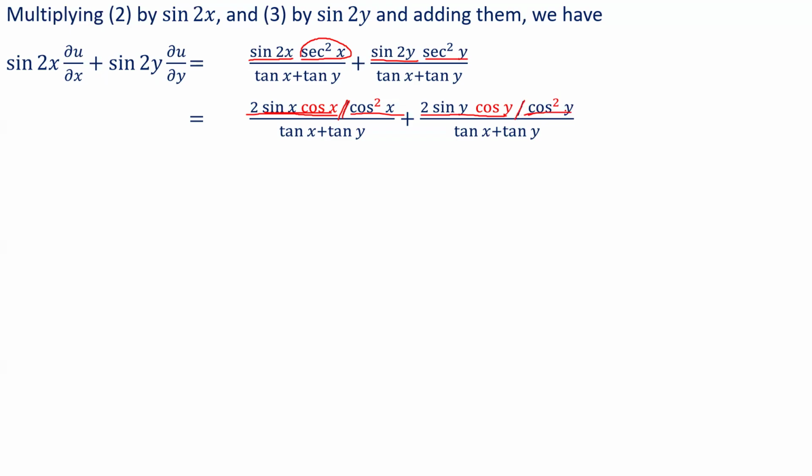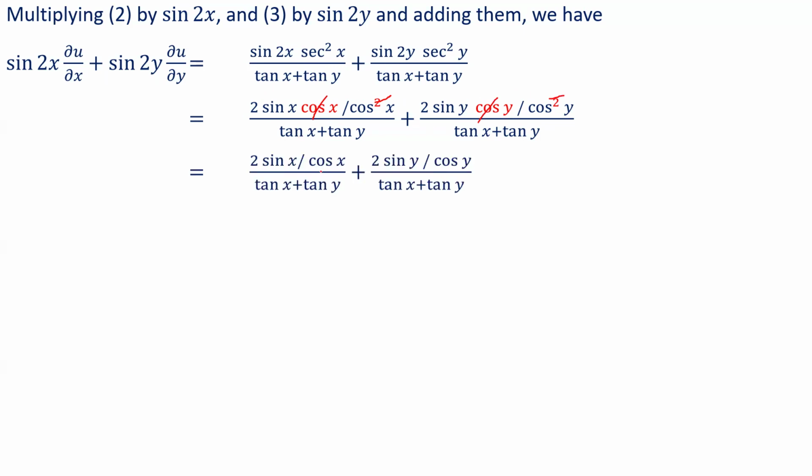So one cos x and one cos x will cancel, one cos y and one cos y will cancel, and 2 sin x upon cos x is remaining in the first part. Similarly, 2 sin y upon cos y is remaining. What is sin x upon cos x?